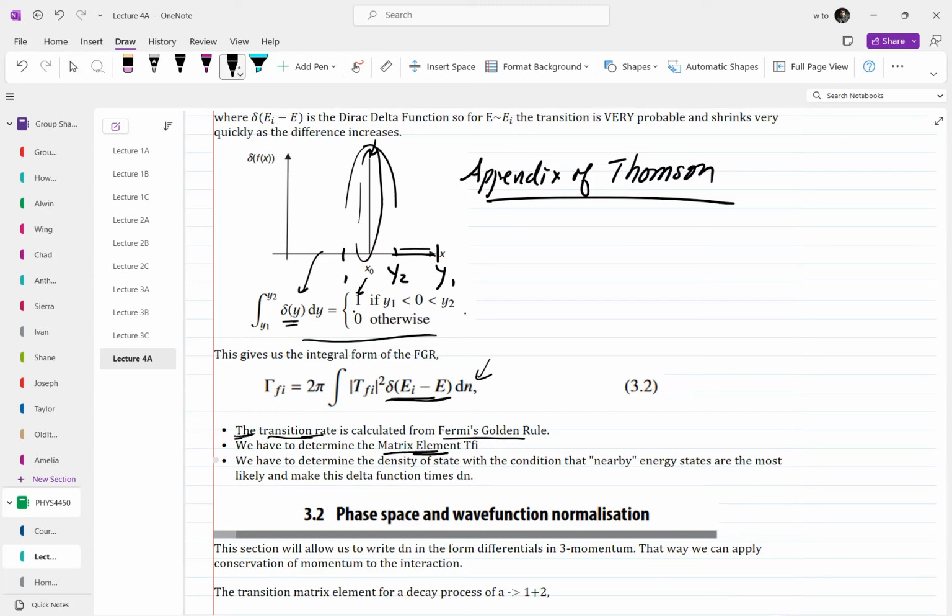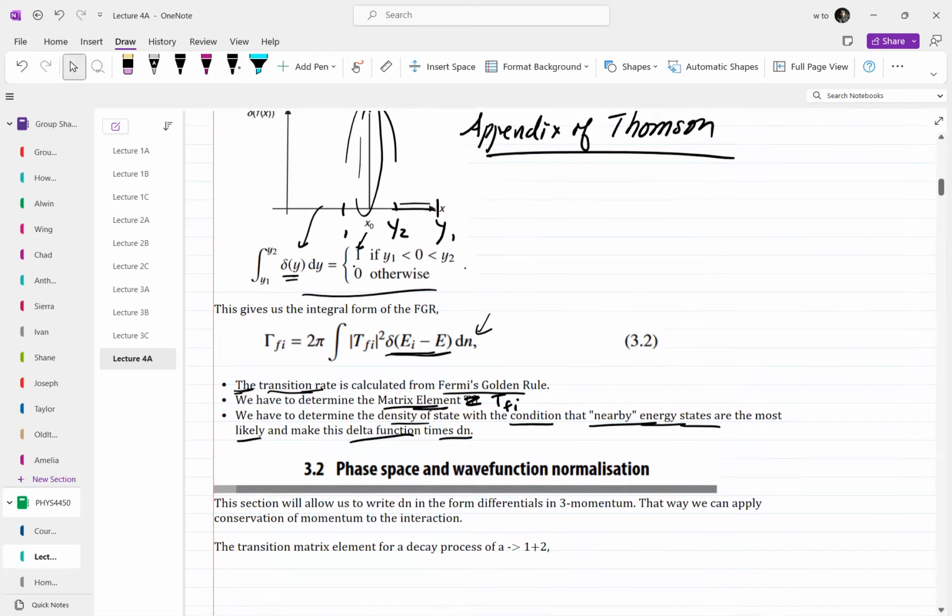We're going to have to determine this matrix element T_FI, if you want to write it nicely with a subscript. And this density of states function is a condition that makes it so the nearby energy state is the most probable transition. The closer the two energies are, the more probable the transition is. And this turns it into some delta function times dn. Just doing a lot of rearrangements to set things up, okay?